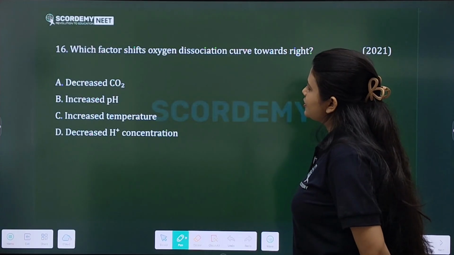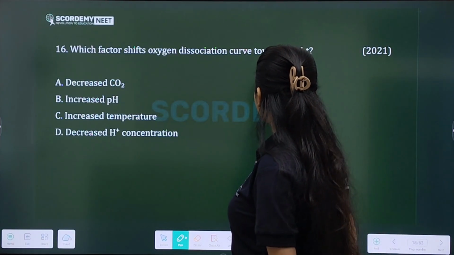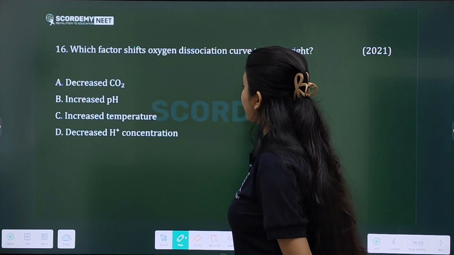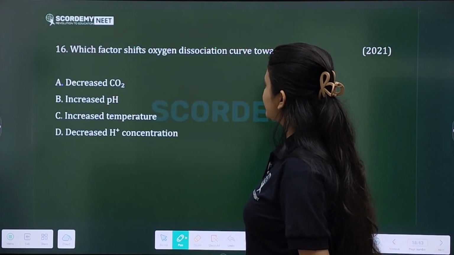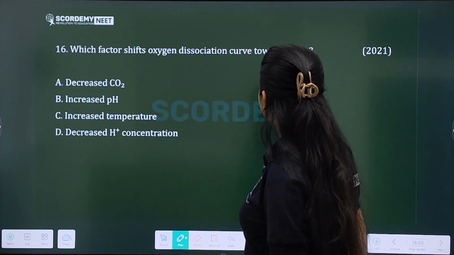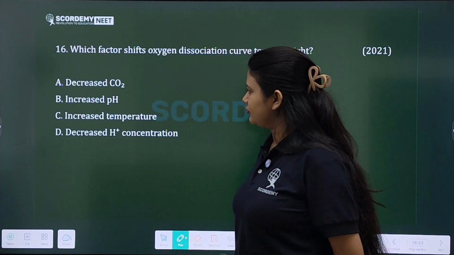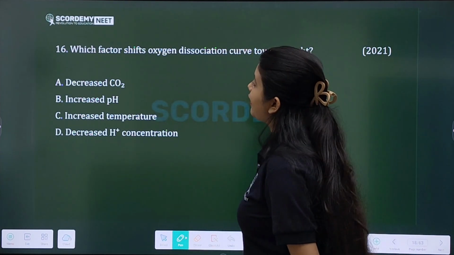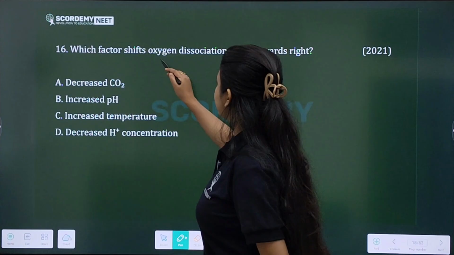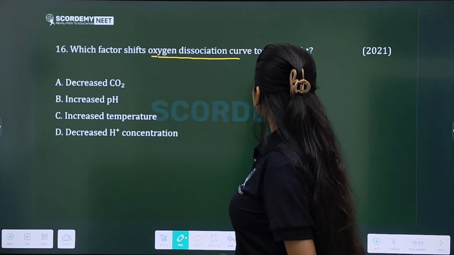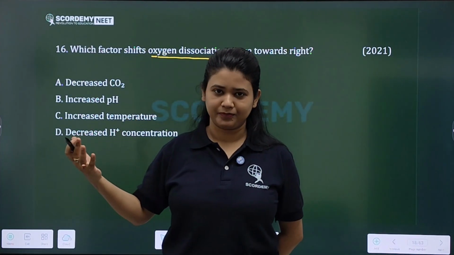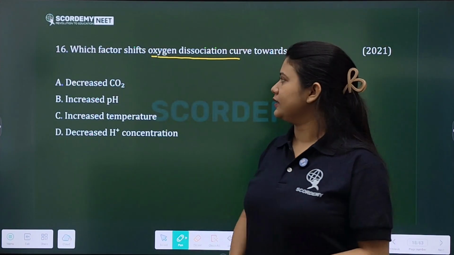Which factor shifts the oxygen dissociation curve towards the right? What does shifting towards the right mean?